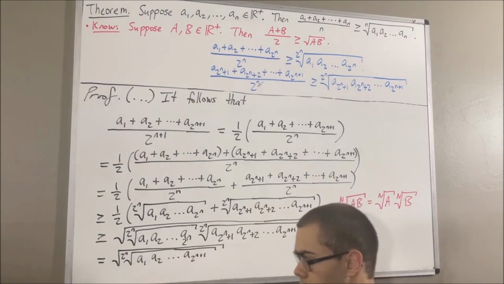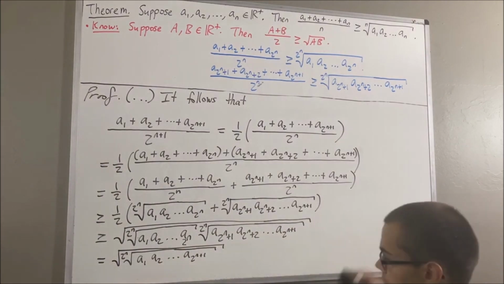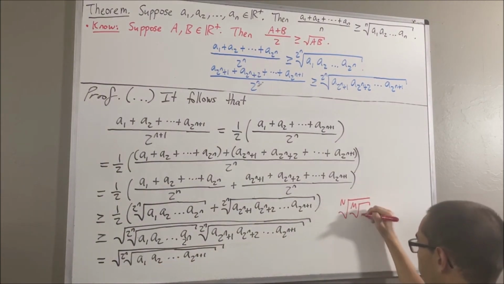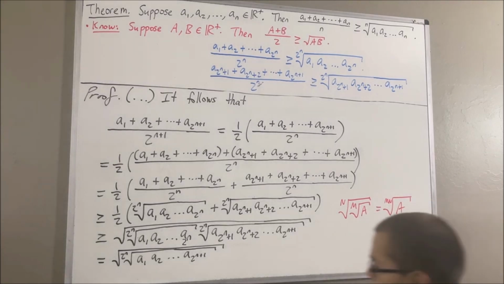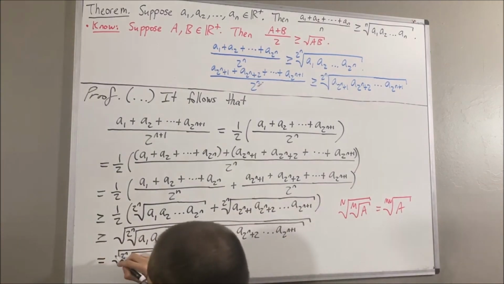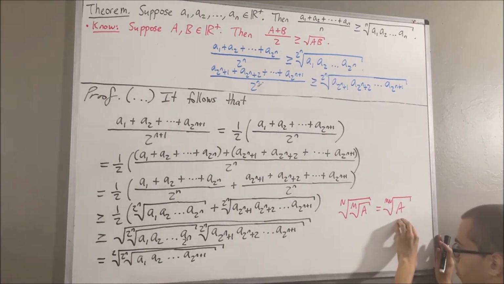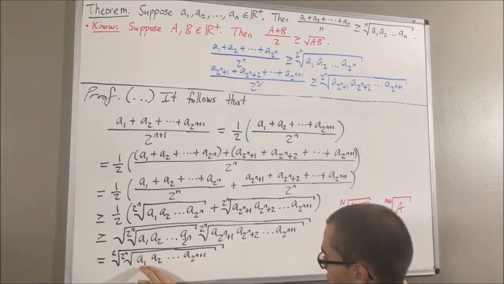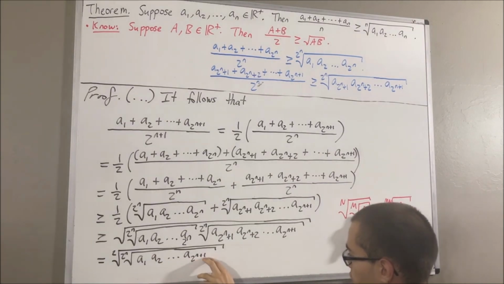But then, another property of roots that we can apply here is this. So let's note that since the outermost root is a square root, we technically have a 2 here. So applying this rule, we take capital A to be a1 times a2 times dot dot dot times a sub 2 to the n plus 1.